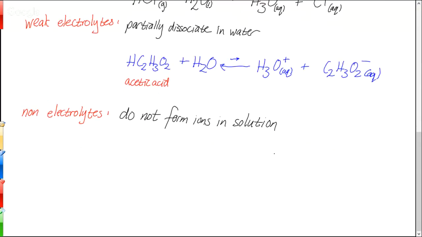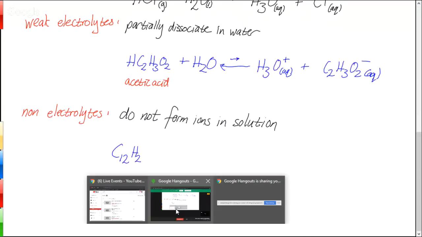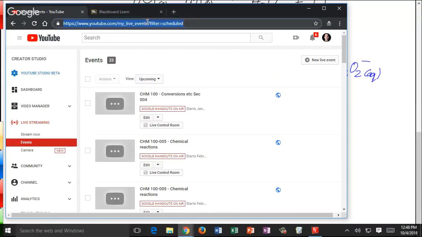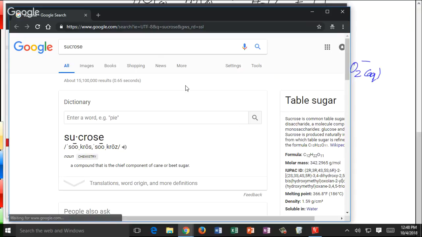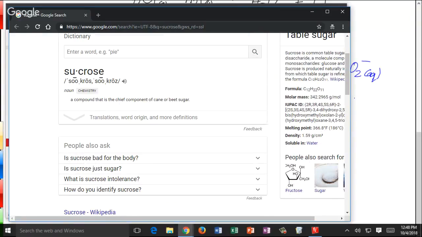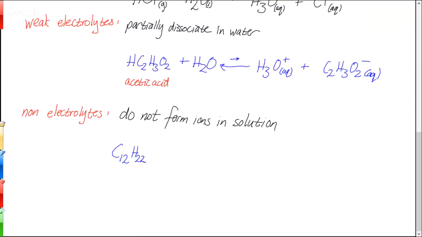An example of that is sugar. So sugar, sucrose, is C12H23O12. Is that right? Hold on. Let me look that up and make sure we got the right thing here. H22, sorry. Okay.